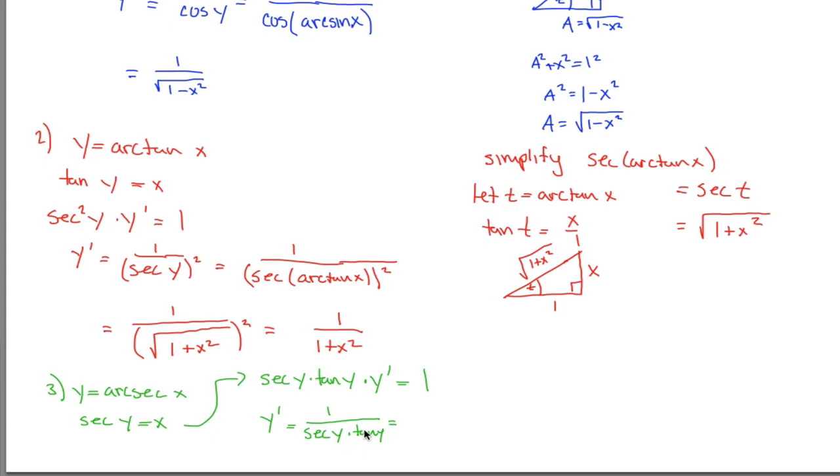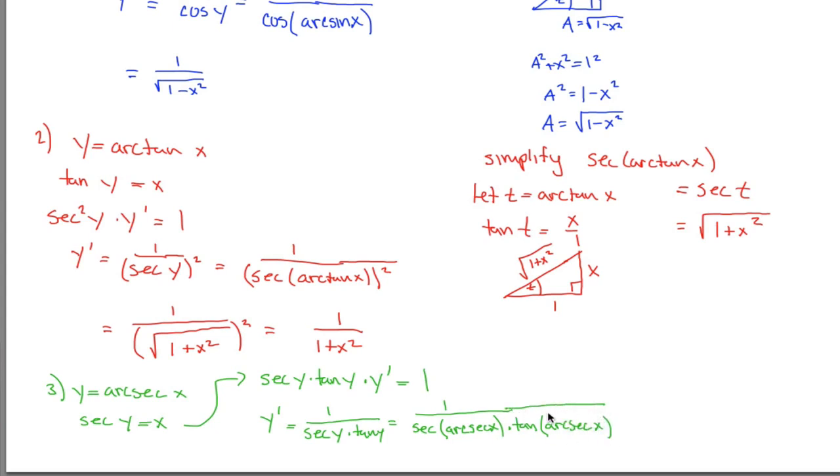But I shouldn't leave y's in my derivative for y if I can help it. So instead of writing secant of y, I'm going to say that y is just arcsecant, so the secant of arcsecant of x times the tangent of arcsecant of x.